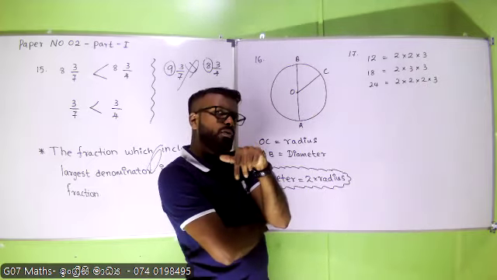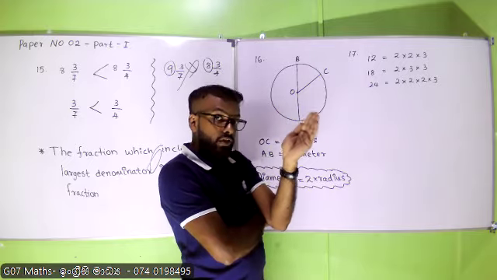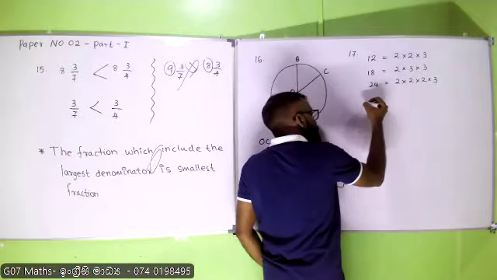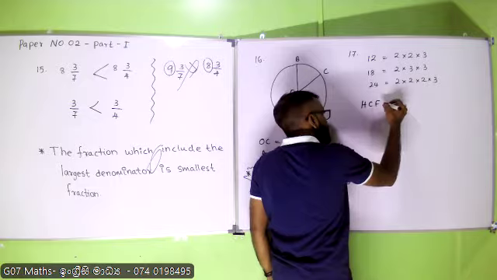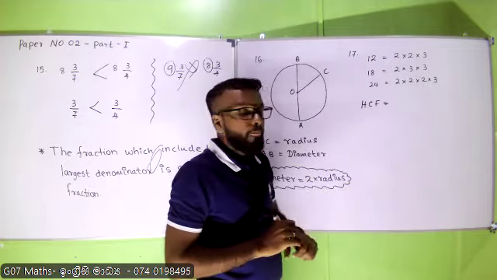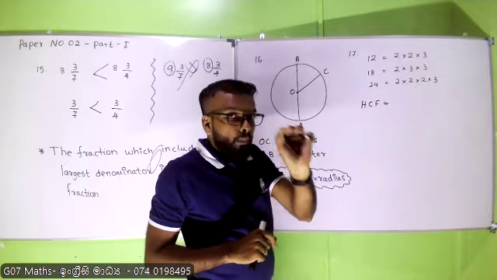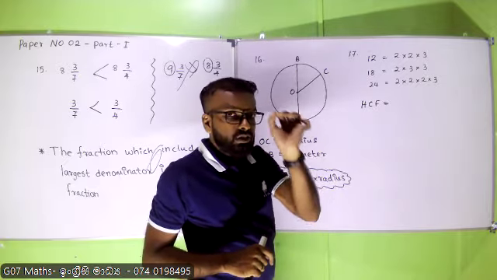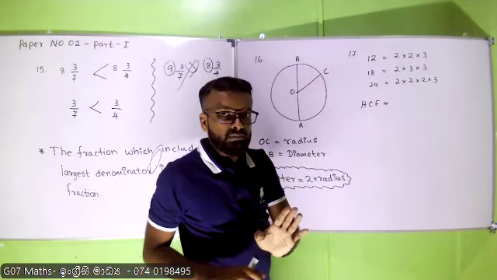So how are we going to find the HCF, the highest common factor? If you want to find the HCF, you need to choose the common factors for all of these three numbers.